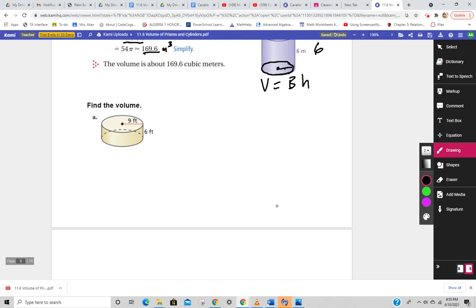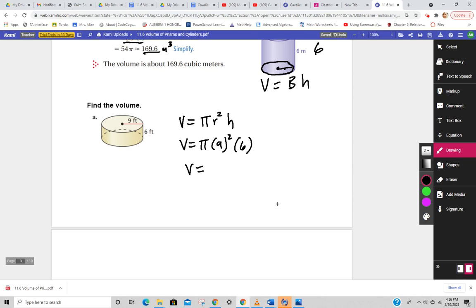All right, let's try an example. All right, let's find the volume of this cylinder. So it's the area of the circle, which is pi r squared times the height. Pi is just pi, the radius is 9, and we'll square that, and the height is 6. So let's multiply that out.